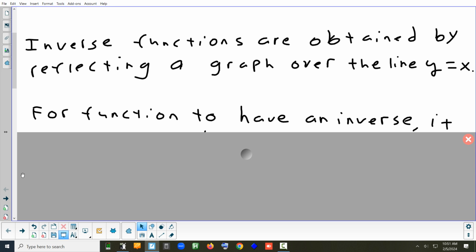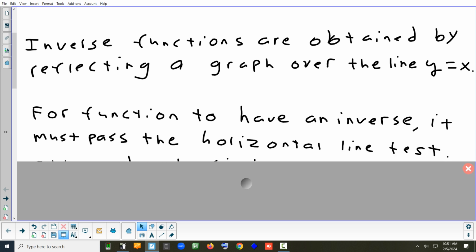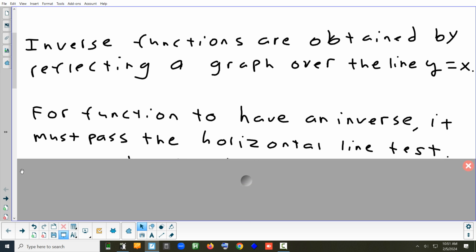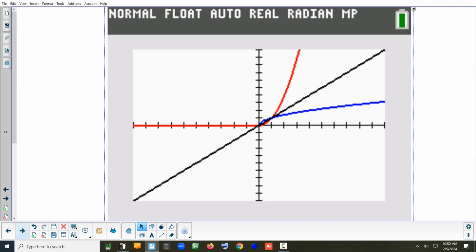for a function to even have an inverse, it has to pass not the vertical line test, but the horizontal line test. What the horizontal line test says is if you have a function and it passes the horizontal line test, then its inverse is also a function. So think about the parabola. This is why I only graph when x is greater than 0.